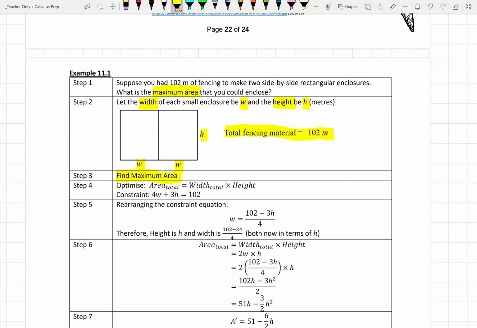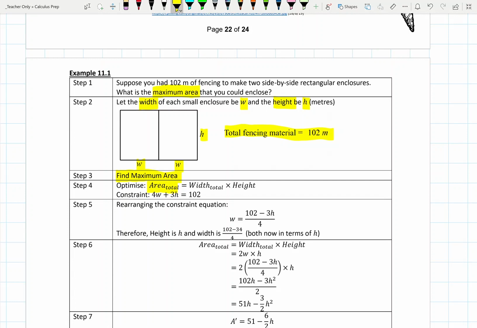All right. Step 4, we need to find the equation that we're going to optimize and our constraint equation. The equation we're going to optimize is always connected to the thing that we're optimizing, and we're optimizing the total area. We want a maximum total area. And the equation for that in the super mega basic form is just the width times the height.